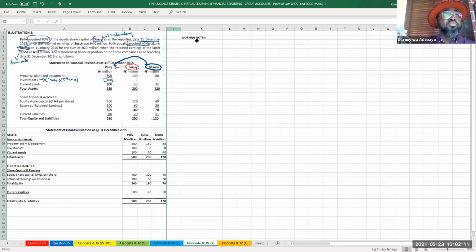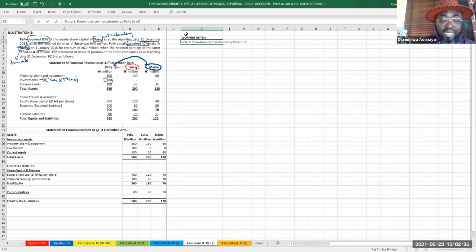Now my working notes. Note 1. Breakdown of investments by Pali in other entities.